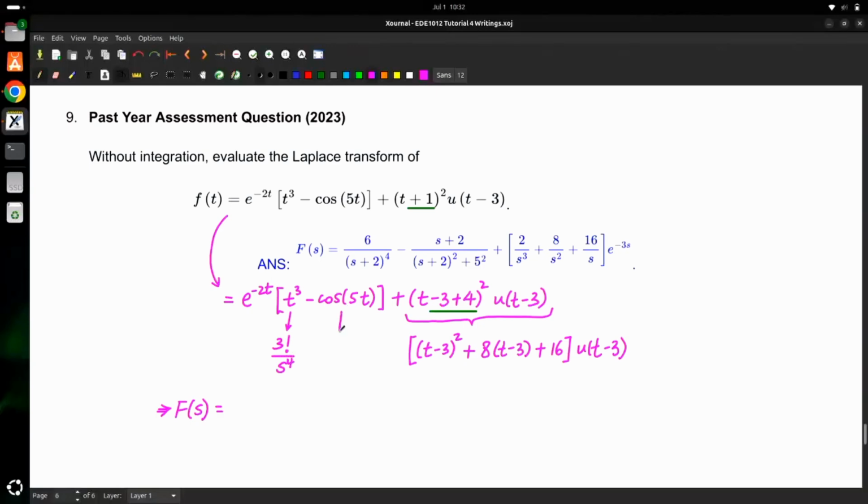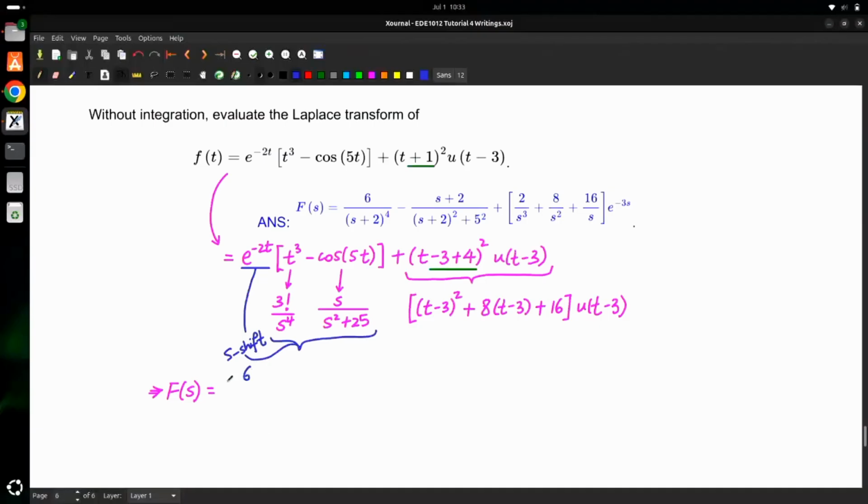Then the cosine function will give you S over S square plus 25. But you have to do S shifting. So you will get 3 factorial, which is 6, over S plus 2 to the power of 4.